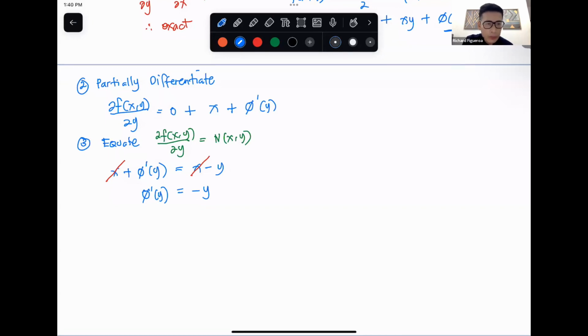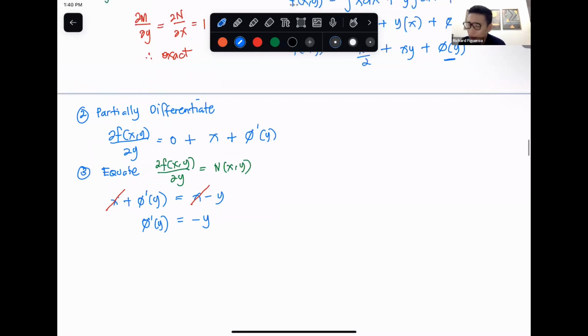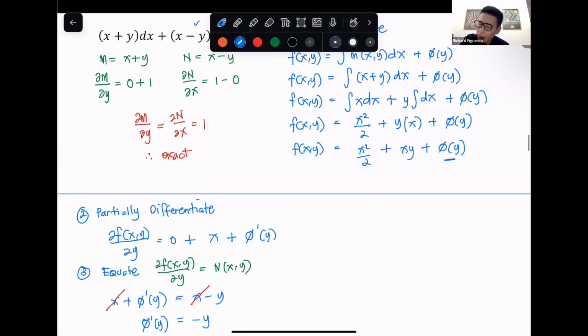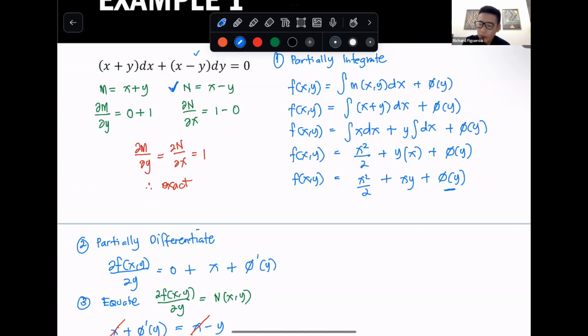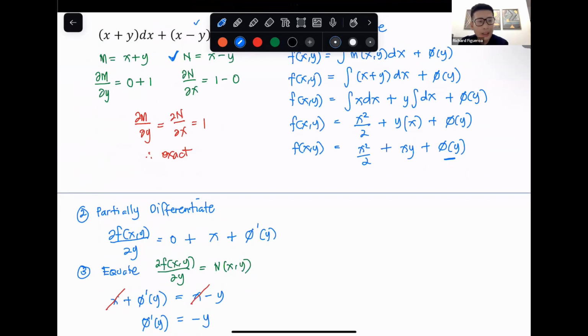Sir, may tanong ko lang po sana ulit. Saan galing yung x minus y sa right-hand side? Saan galing ito? Yung n is equals to x minus y. Basta ang pinili mo, let's say m. Ang pinili kasi natin na partially integrate is the m function, so pagdating natin sa third step, we equate it with the n function.